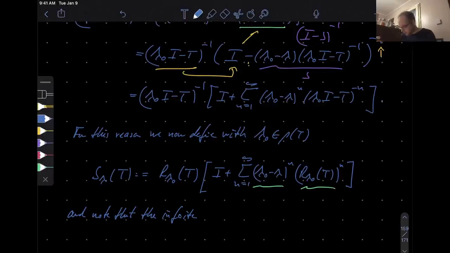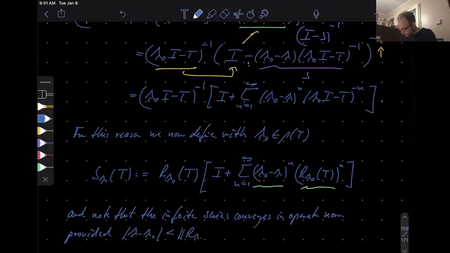And note that the infinite series converges in operator norm, provided it doesn't converge everywhere. It converges in a disk of radius at most 1 over the operator norm of the resolvent.